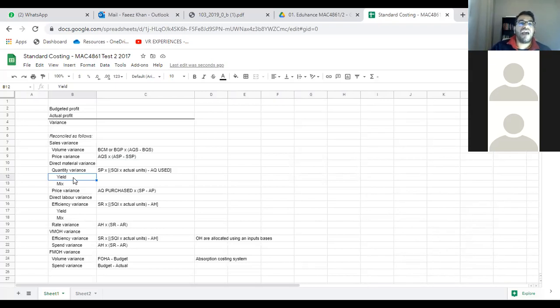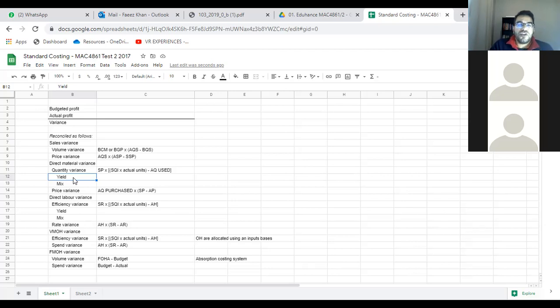If you only have one direct material, you can't have a yield and a mix. Or if you have more than one direct material, but they are not interchangeable, then you can't have a yield and a mix variance. Very, very important.